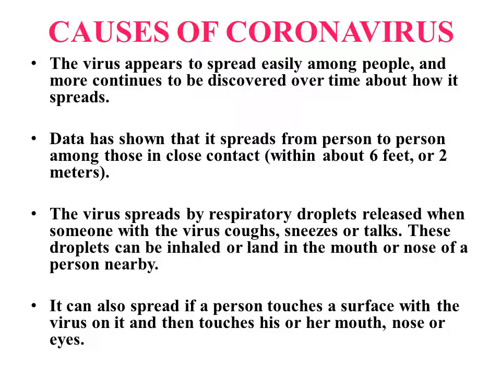This is how people get contaminated, okay? How people get the virus from each other. It can also spread if a person touches a surface with the virus on it and then touches his or her mouth, nose, or eyes.